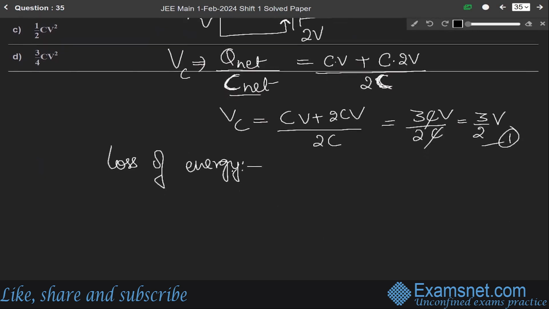Loss of energy will be equal to, now the formula for energy is what? E is equal to half CV square. Okay, so for the first capacitor, energy is half CV square.